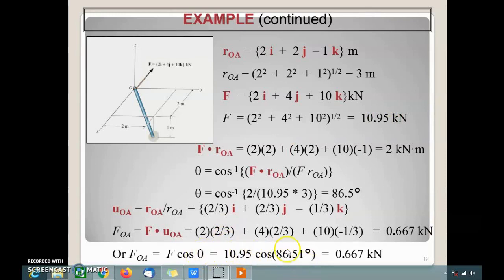The theta you also get from this operation, which is 36.5 degree. Substitute into the equation, and you will get the same answer as the previous method. So you can use either of these methods.